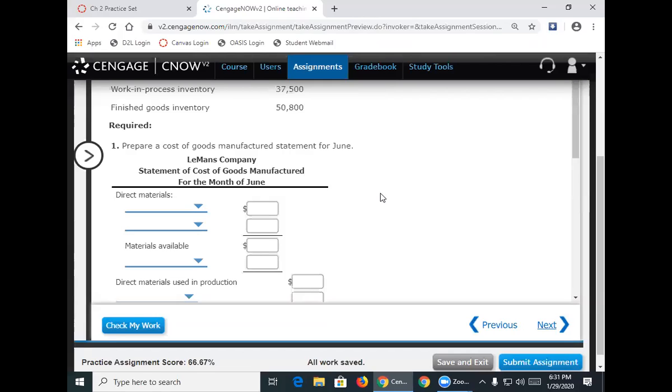Okay. So now we've balanced materials, and that 345,400 can come over here. And we do a balance of that account, right? So we would add up our total manufacturing costs. So direct materials plus labor plus overhead. Total manufacturing costs are $864,200.